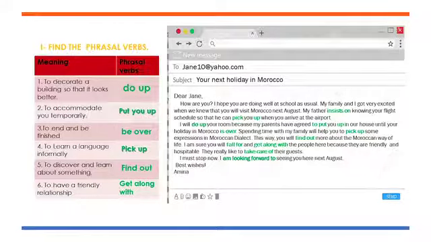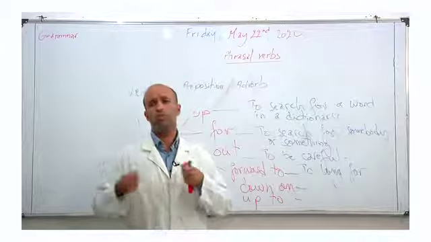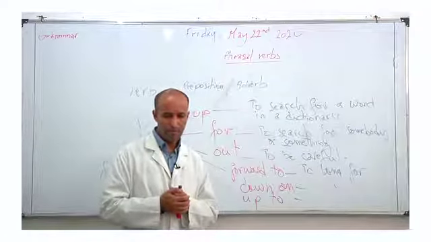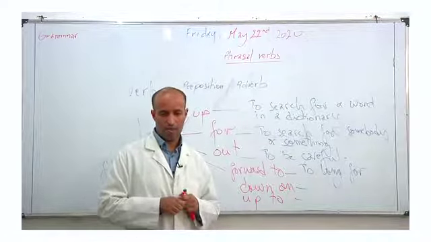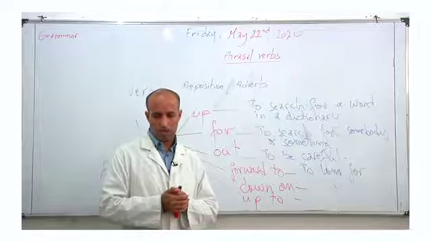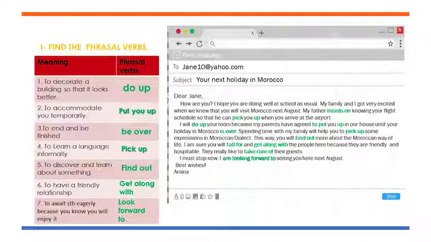Number 7, to await something eagerly because you know it's going to be exciting and you will enjoy it. Let's go back to the email again. "You will find out more about the Moroccan way of life.